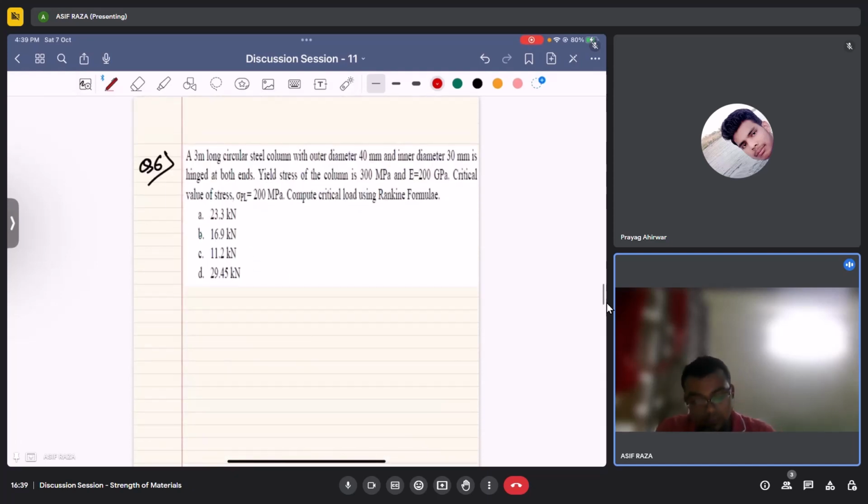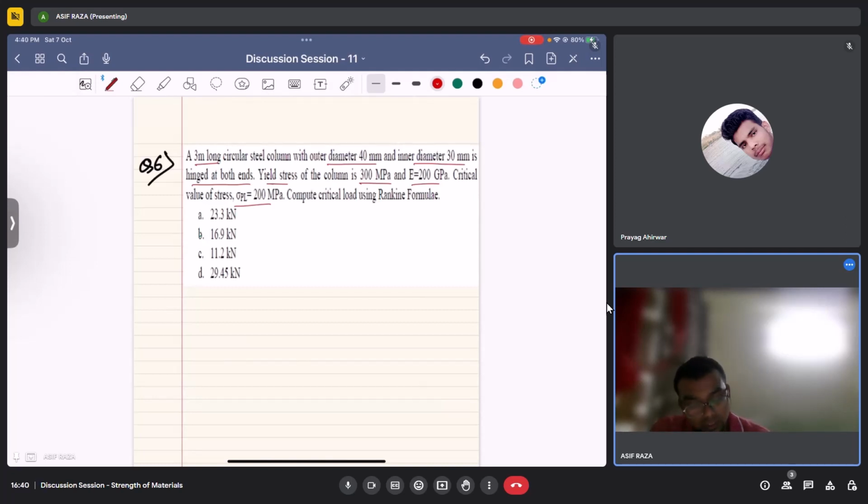So question number 6. A 3-meter long circular steel column with outer diameter as 40 mm and inner diameter as 30 mm is hinged at both ends. Yield stress of the column is 300 megapascal and Young's modulus is 200 gigapascal. Critical value of stress, that is stress at proportionality limit, is 200 megapascal.